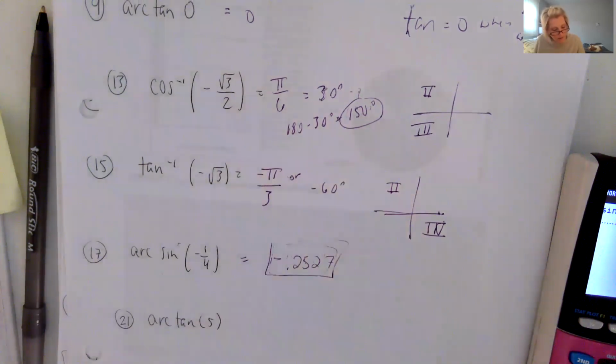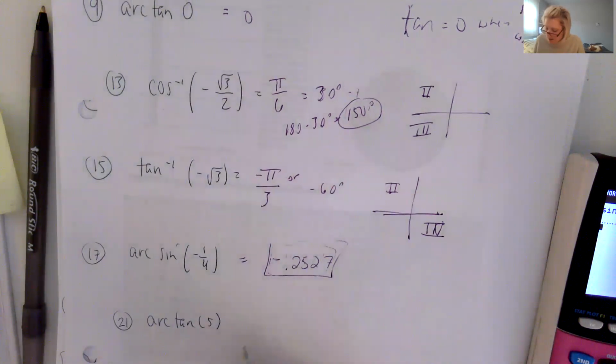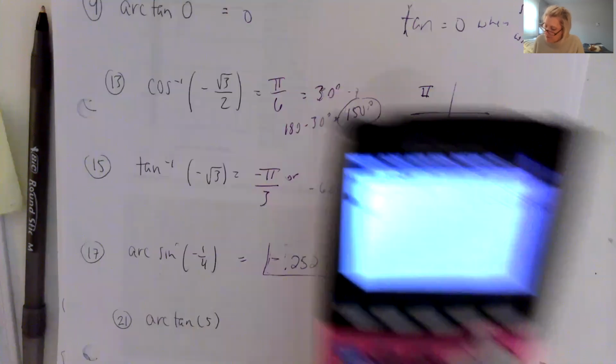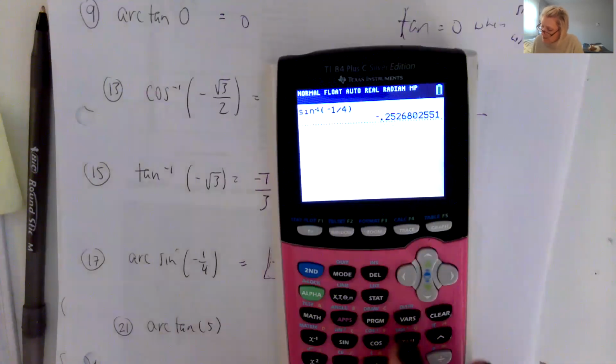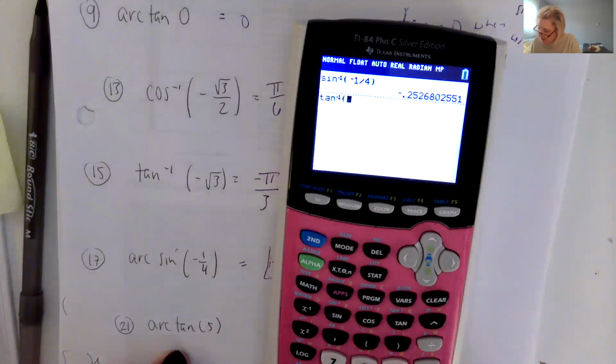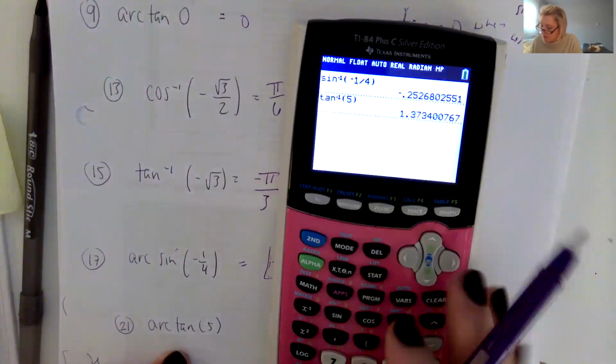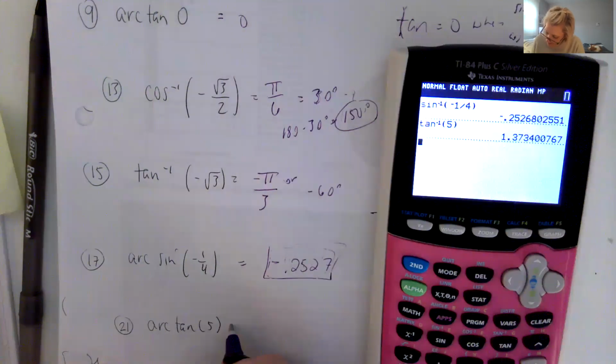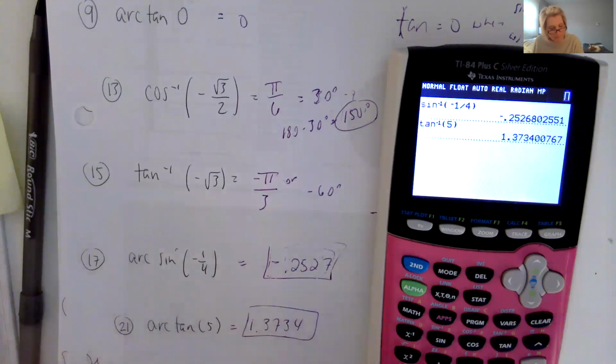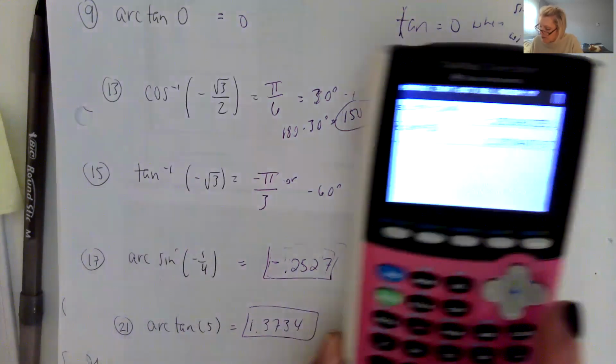And 21 is the arc tangent of 5. So we're going to do the inverse tangent of 5. And we get 1.3734. And then 25 is the arc cosine.